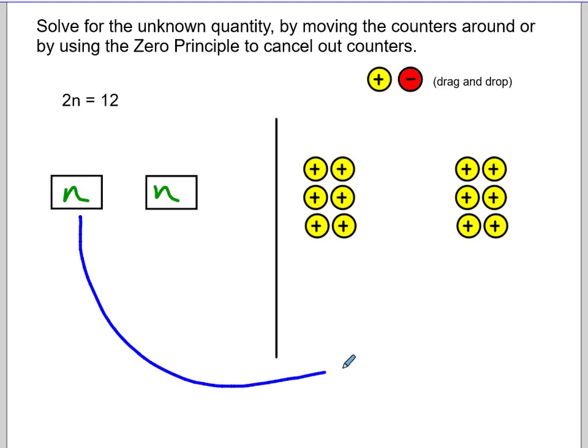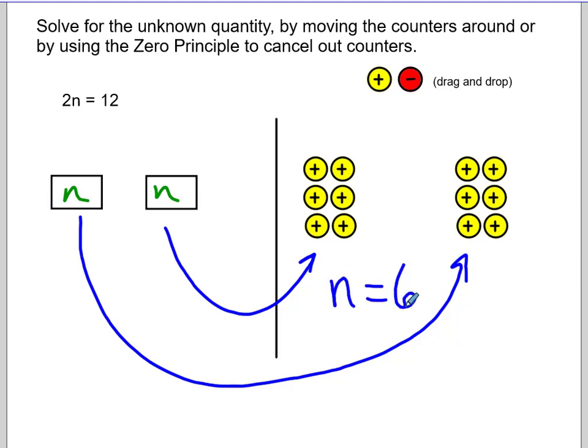So this guy and this guy must have the same amount. So in this case, n equals 6. If we were looking at the actual algebra expressions, the opposite of multiplying by 2 is dividing by 2, and then these 2's would cancel, and n would equal 12 divided by 2, or 6.